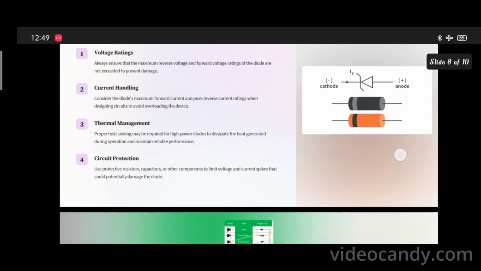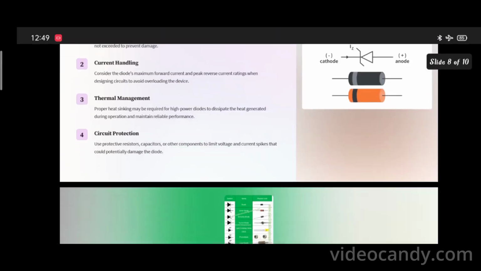Number four is circuit protection. Use protective resistors, capacitors, or other components to limit voltage and current spikes that could potentially damage the diode.